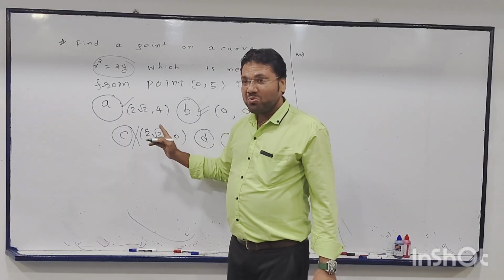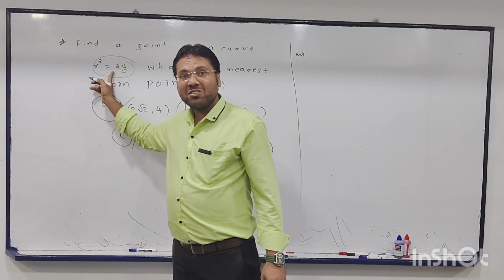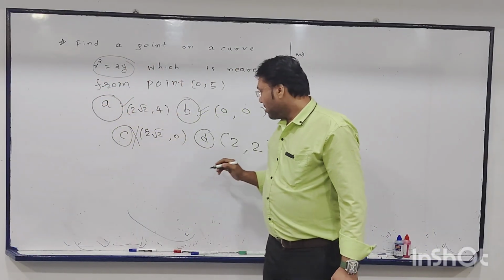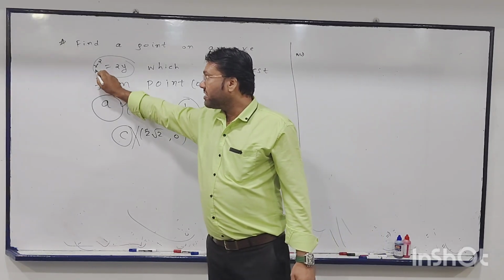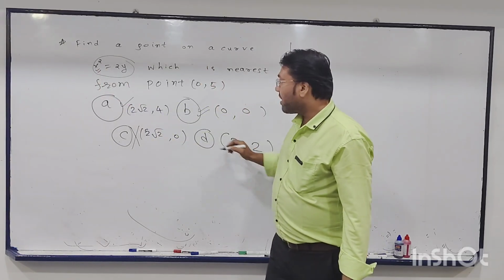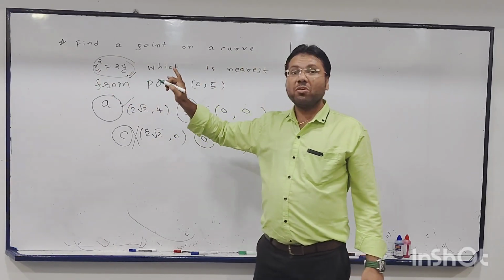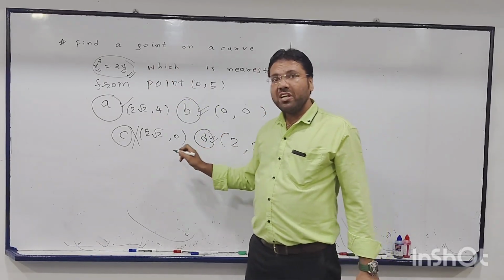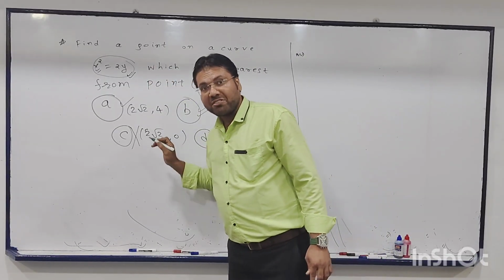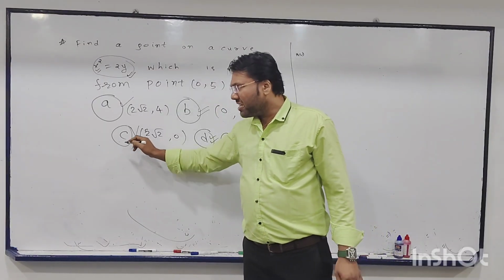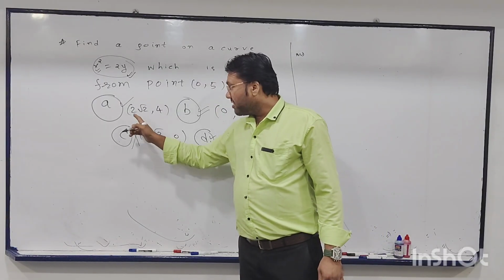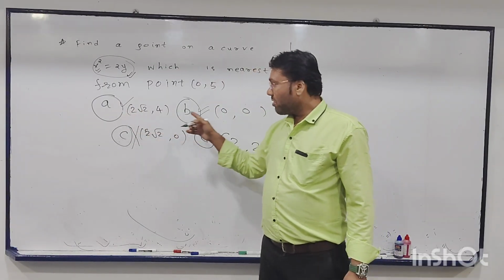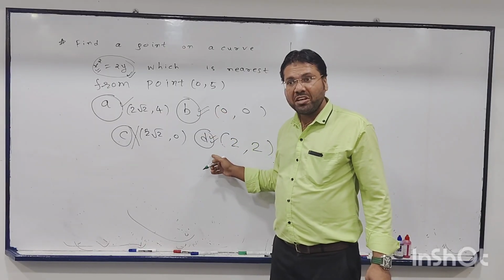Is (2, 2) satisfying the equation? Just check it. If you replace x by 2 and y by 2, the equation is also satisfied. So maybe option D could be a correct answer. So now friends, C is not an answer. The answer can be option A or option B or option D.